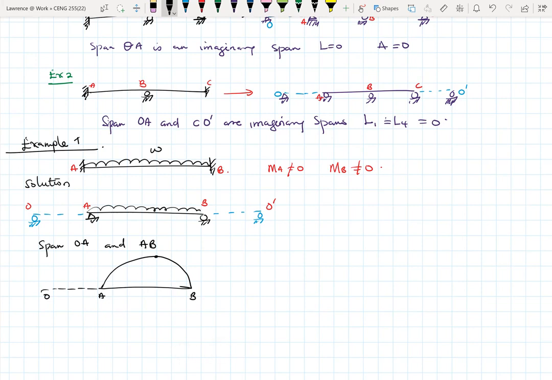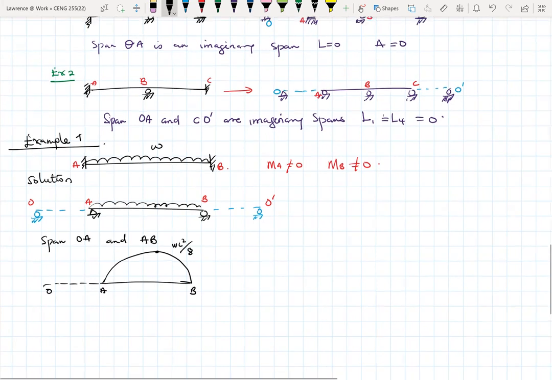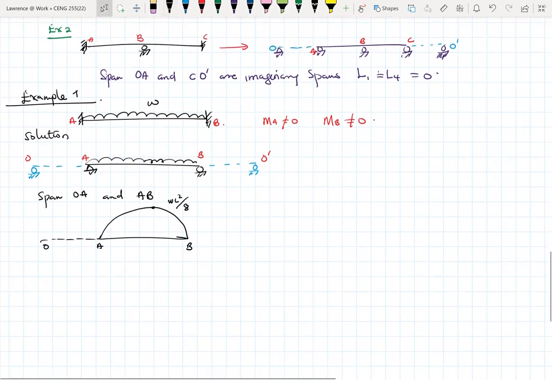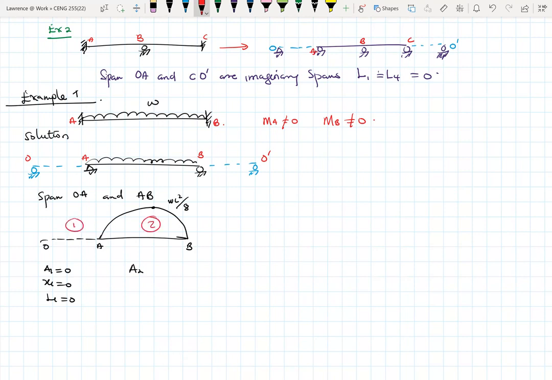So the topmost part will be WL squared over 8. This we have been able to establish through many calculations. So here, A1 is 0, X1 is 0, L1 is 0. There's nothing on the left side, which is the OA component. But here becomes number 2. This is area 1, area 2. So A2 will be two-thirds base times height.